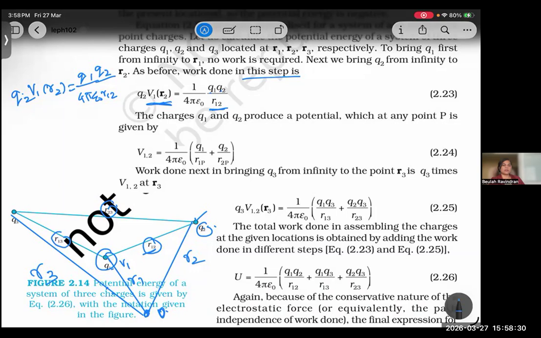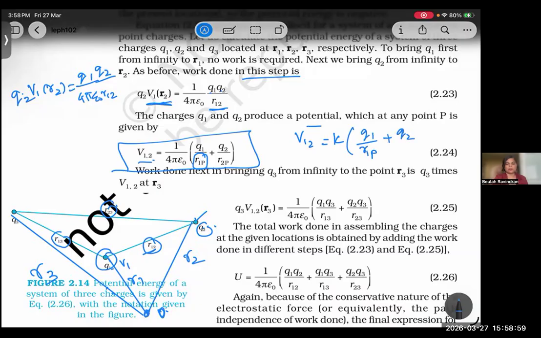Then Q1, Q2 produce a potential at any point P. At that point, the potential is V1, V2. If you consider any external point P, then you have to show K Q1 by R1P plus K Q2 by R2P. Clear? So this is the potential.